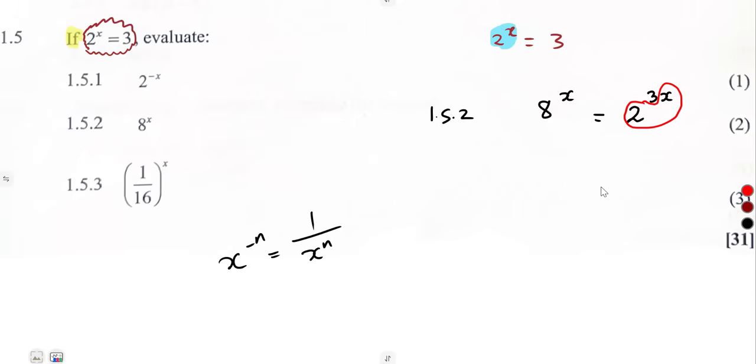So we can rewrite it as 2 to the exponent of x, but raised to the exponent of 3. This is what it means. It's the same, guys. 2 to the exponent of x to the exponent of 3, or 2 to the exponent of 3 to the exponent of x. It's one and the same writing. We haven't changed anything.